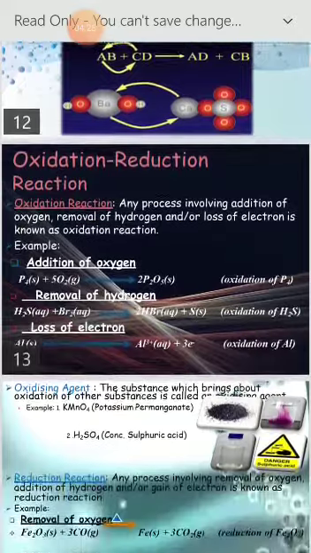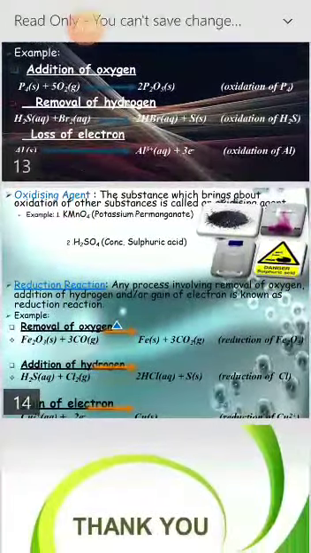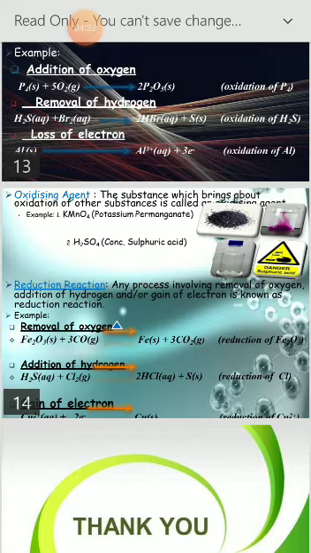So what is reduction then? Reduction means a process involving removal of oxygen and addition of hydrogen. A process involving removal of oxygen and addition of hydrogen is termed as a reduction reaction. So removal of oxygen is reduction.